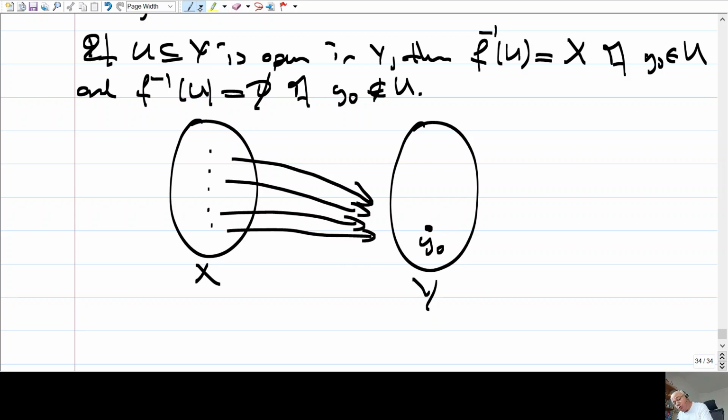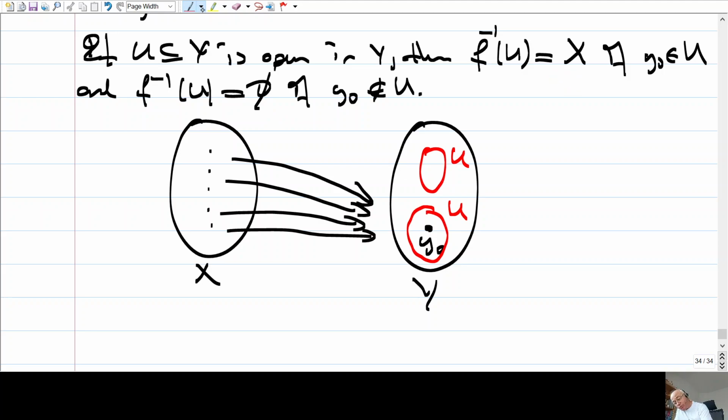So if you choose your open set U like this, then the inverse image of this is empty because no point of X is mapped into U. However, if you choose your U like this, then of course the inverse image is the whole space X because everything is mapped into U. In either case, these inverse images, X or the empty set, are of course open.